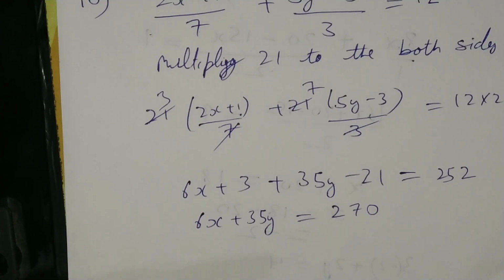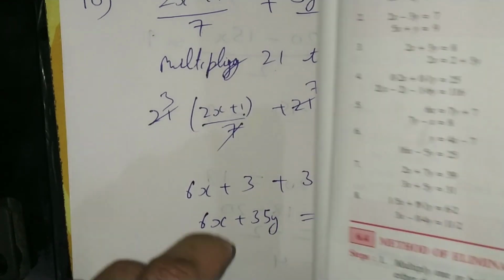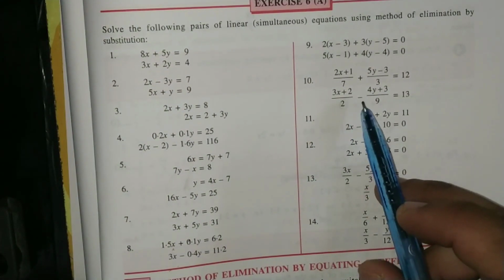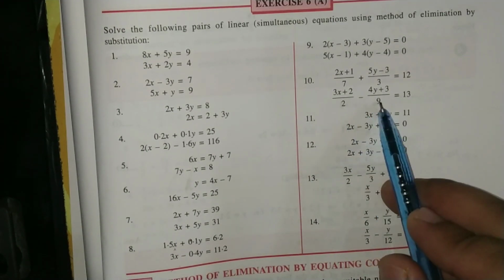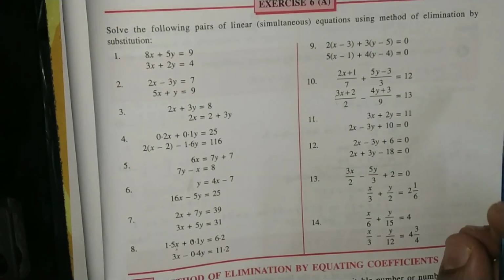So this equation is formed. In the same manner you have to solve the next equation. Here 2 and 9, so LCM will be 18, multiply 18 to both sides.